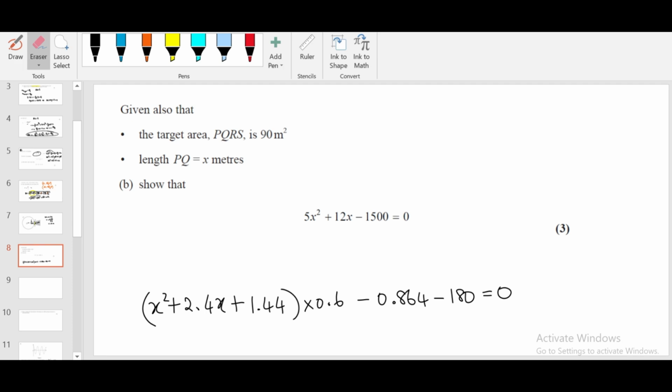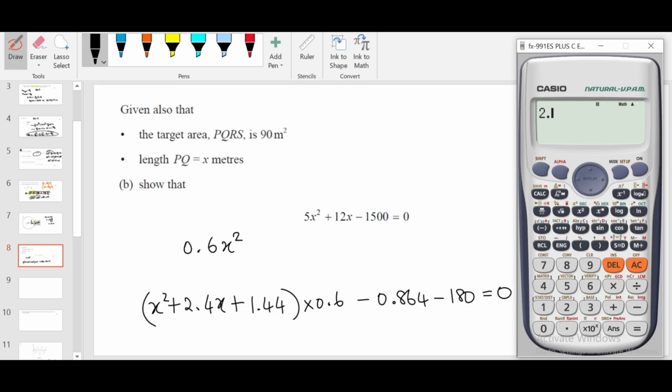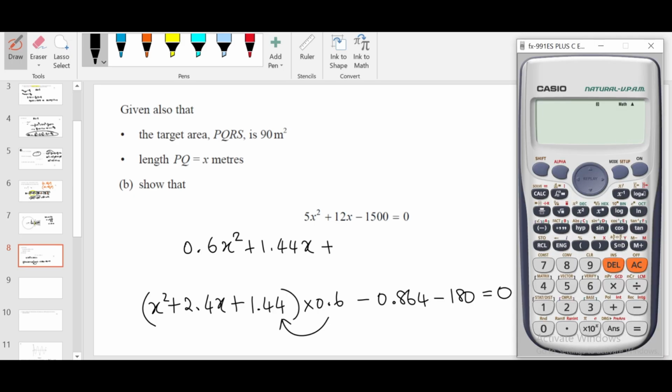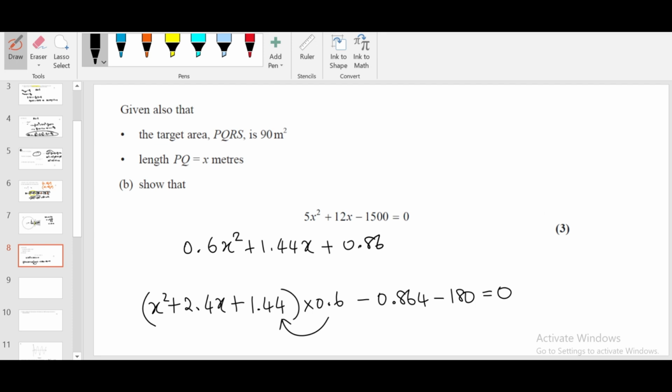So I'm going to open the bracket now. 0.6 x square, plus 2.4 times 0.6, which is 1.44x, plus 1.44 times 0.6, which is 0.864, minus 0.864 minus 180 is 0.